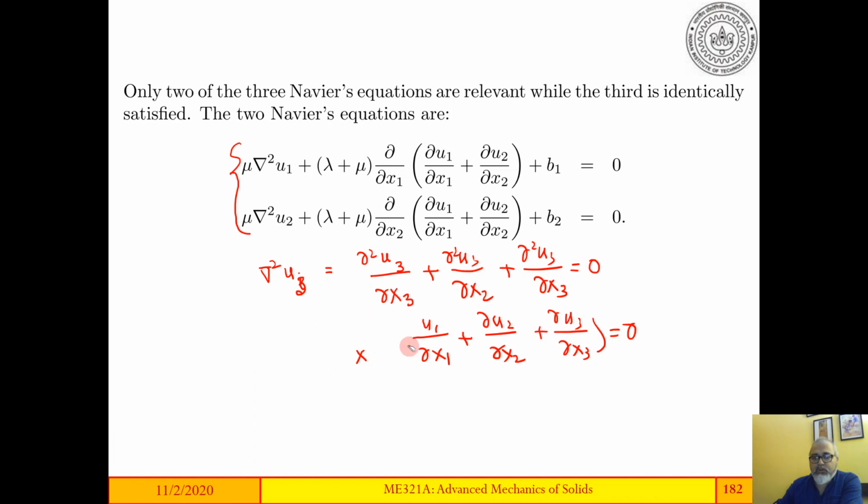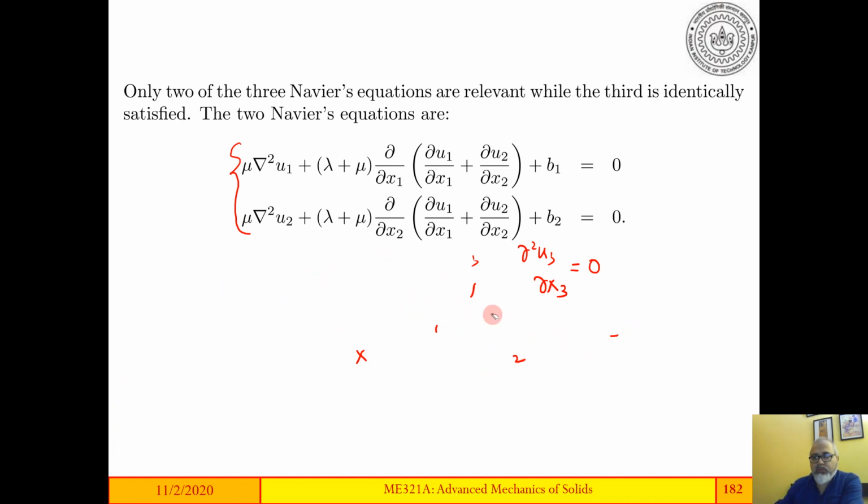Okay, so you are left with only two Navier's equations, and in these Navier's equations, the terms involving del x3 are absent. Terms involving del x3 here are also absent, because they are identically equal to 0.